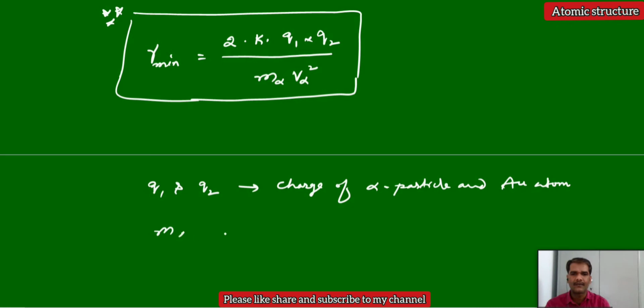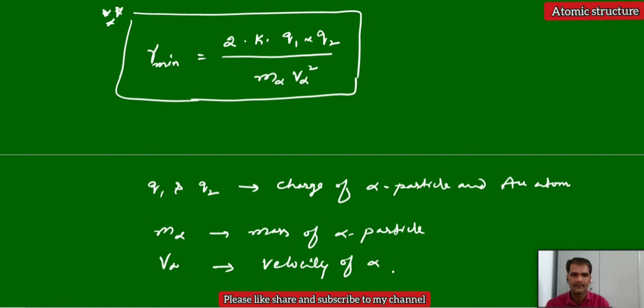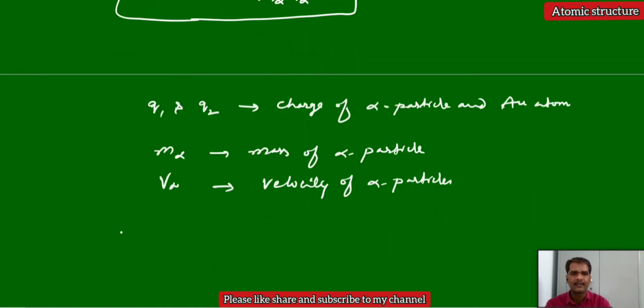And m alpha, mass of alpha particle, v alpha, nothing but velocity of alpha particle, and K we have already discussed. This is a constant value equal to 1 by 4 pi epsilon naught, that is equal to 9 into 10 power 9, if you take the remaining values in SI unit, or you can take 1 if you take the values in CGS unit.